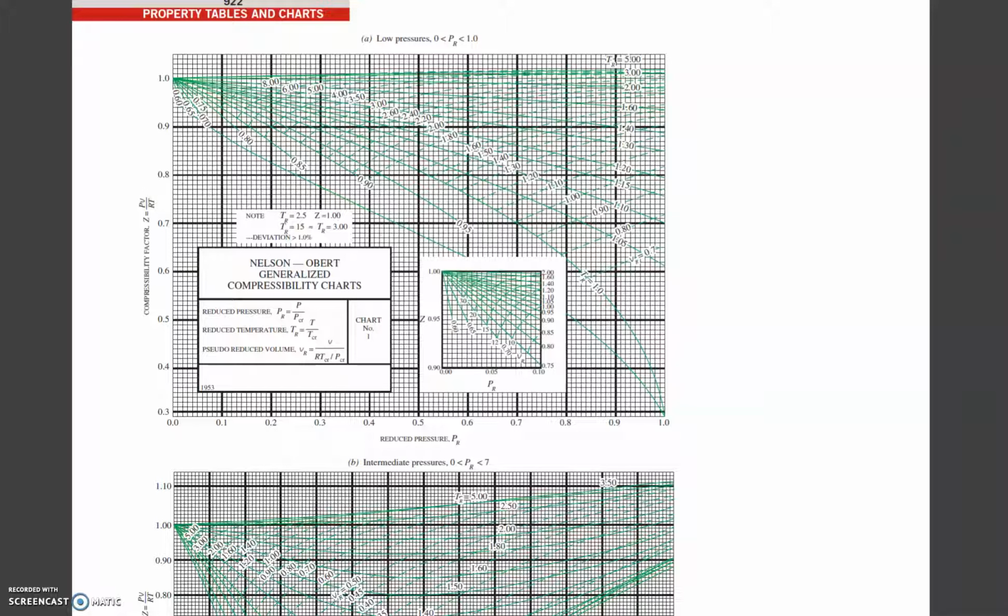You go up until you hit the line which represents your TR, in this case 1. You go up all the way until you hit the line.